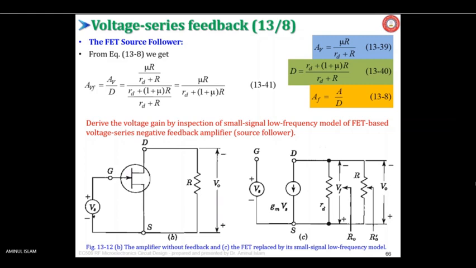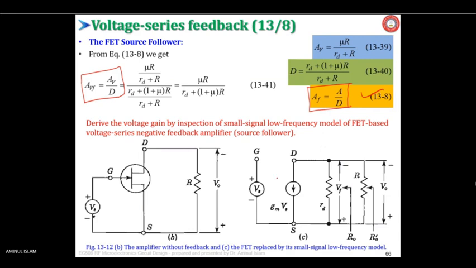So AVF is defined as AV divided by D. We have seen this equation earlier. AF equals A by D. Yes or no?